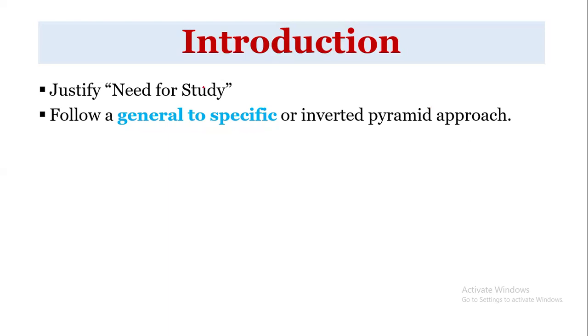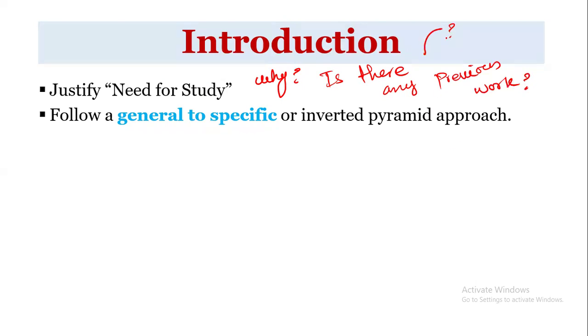For example, why are you planning this study? Is there any previous study related to your work? Any previous work, or what is the knowledge gap? Or what was the reason that you planned this type of study?